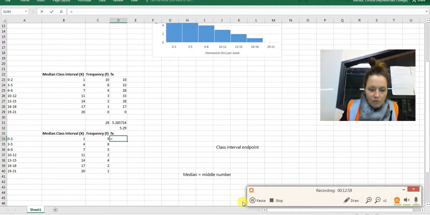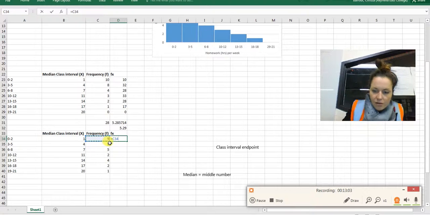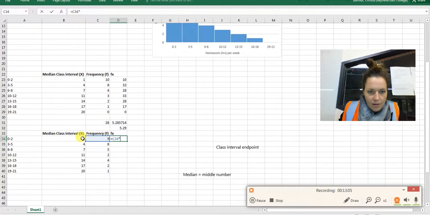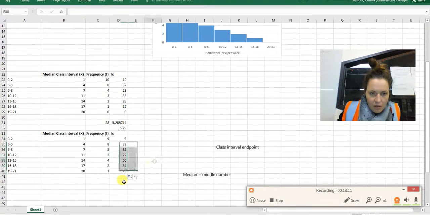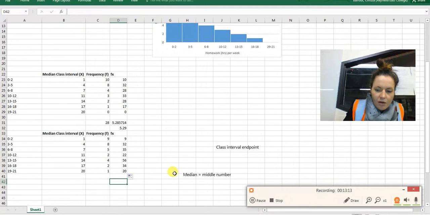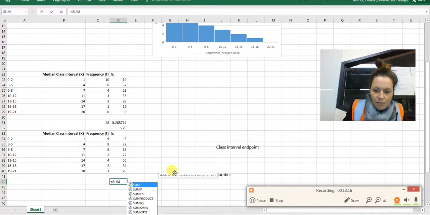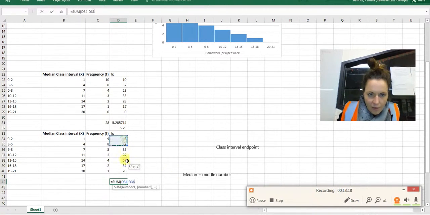So equals this times this equals that. We pull this down. Then we go equals sum, and this is where we add up all of these.